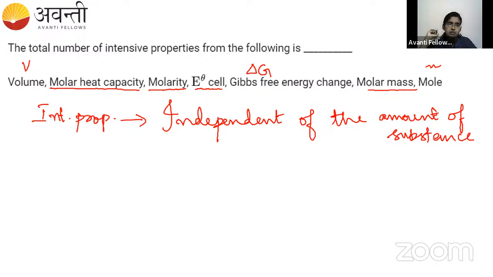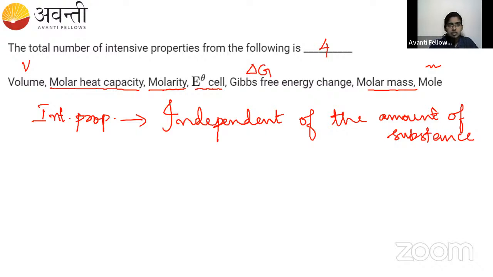So they are extensive properties. So these four, molar heat capacity, molarity, E naught cell and molar mass, are intensive properties. So the total number of intensive properties from the following is 4. Okay, they are 4. Fine.